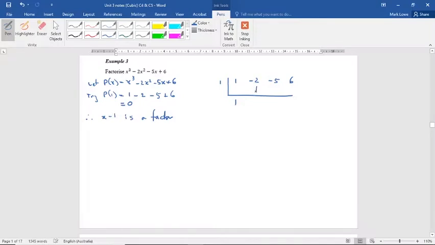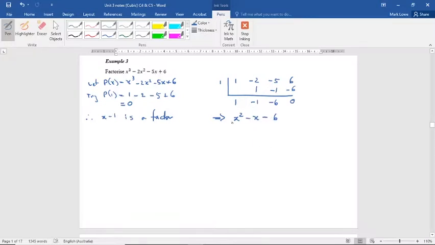Add these together, we'll get -1. -1 times 1 is -1. Add them together, we'll get -6. -6 times 1 is -6. Add them, we get 0. So then our quotient is 1x squared minus x minus 6.